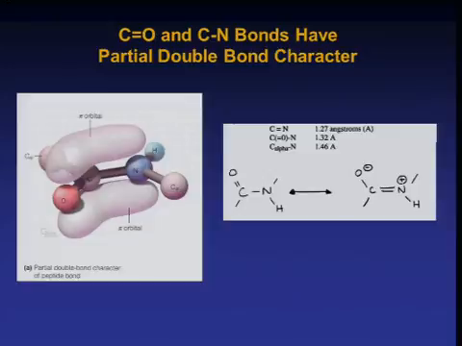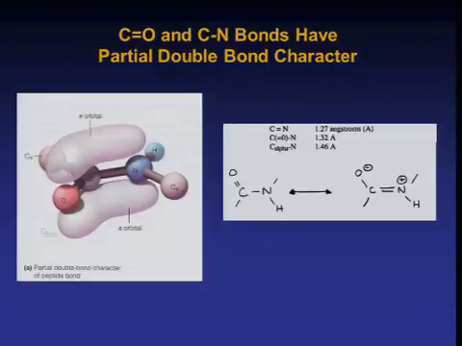So that amide bond, that peptide bond, has partial double bond character. So if you then envision that these electrons can be delocalized over those three atoms, right, that is really what is causing the planarity, the rigidness between those three atoms being on the same plane.